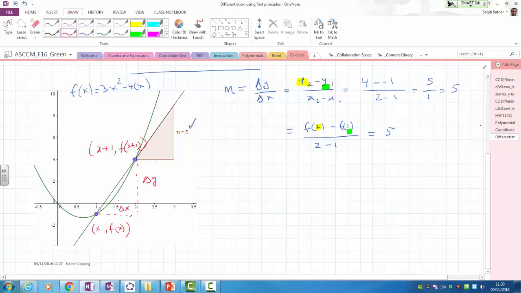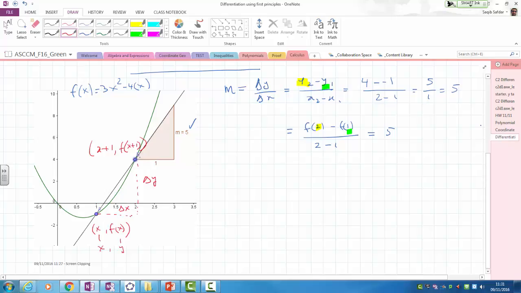So what we're saying is, for point A, we're just going to generalize now. Rather than use numbers, we're just going to use a bit of algebra. The x coordinate and the y coordinate are written as x and f(x), is that okay?